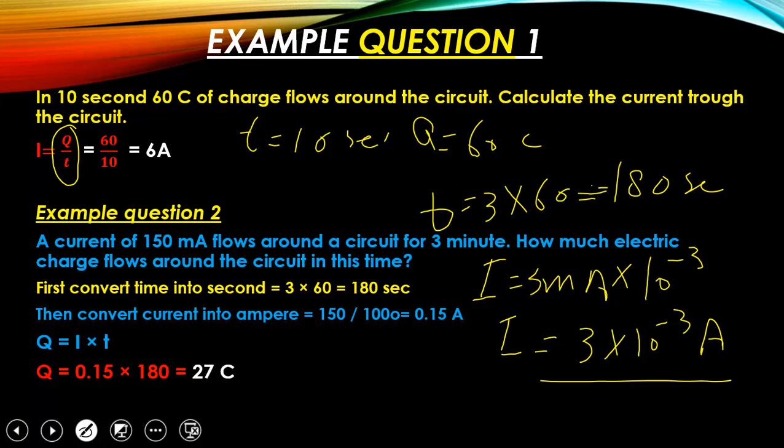The required is Q. Q equals I times T. The electric current intensity is 150 milliamperes, so it equals 150 times 10 to the power negative 3. So Q equals 0.15 times 180, which equals 27 coulombs. It is the answer to the question.